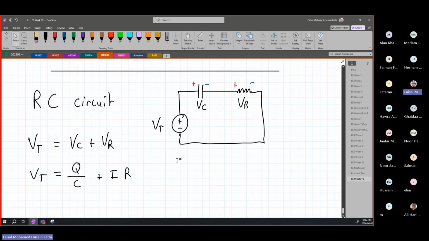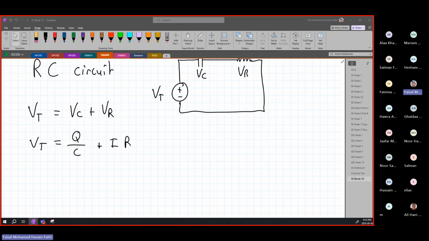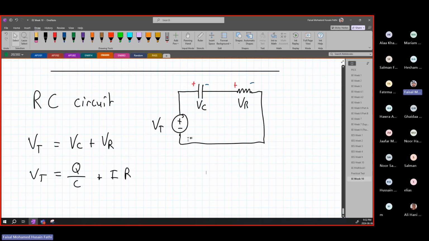What you guys need to know about RC circuits is three major things. And I'm going to explain these using graphs because that's the best way. The idea of this RC circuit, again, we're looking at the charging capacity of this voltage source over here, or of this capacitor over here.